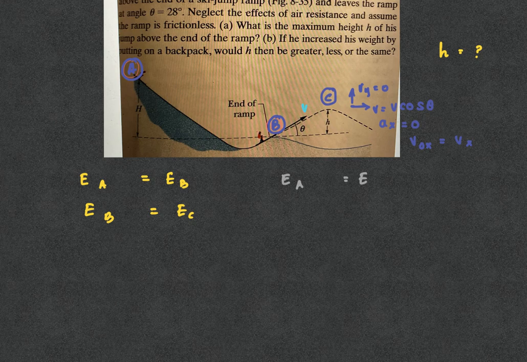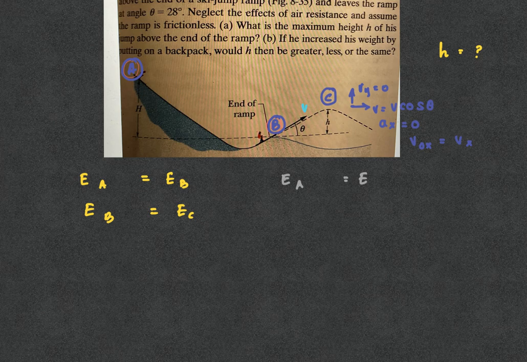Let's see. Anyway, so the initial velocity at point B equals 0. V initial equals 0.